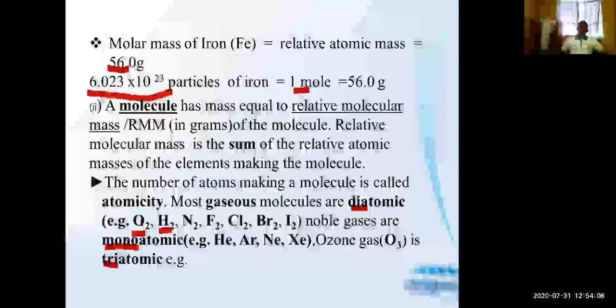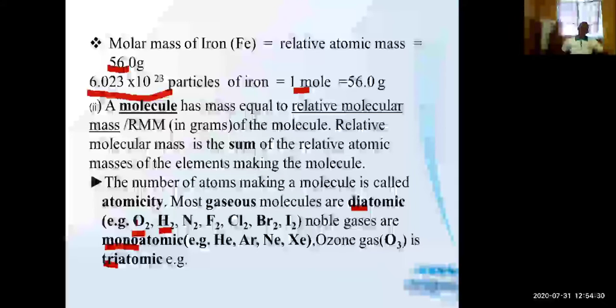How do we get the relative molecular mass of oxygen? We said that to get the relative molecular mass of a molecule, we add the relative atomic mass of each element making the molecule.